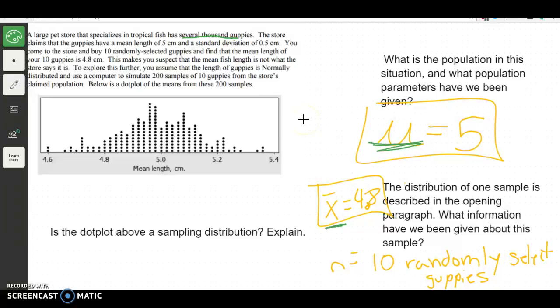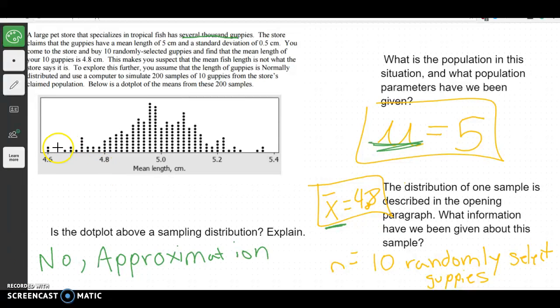So this isn't every combination. It's an approximation, but it isn't every single combination. So we would say the answer is no, it's an approximation, again because it's not every single one.